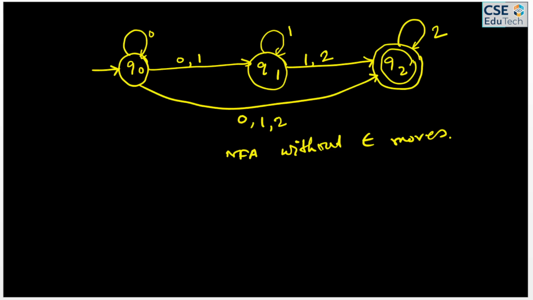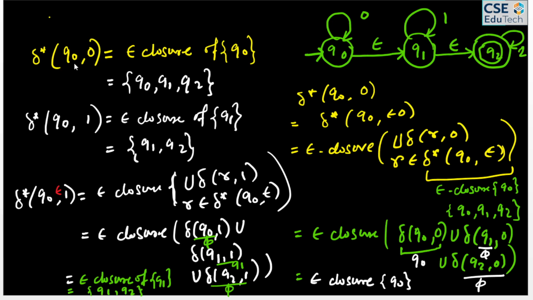So now, what have we obtained in case of epsilon closure of Q0? What is the meaning of this, or what will be the outcome of epsilon closure of Q0 here? The epsilon closure of Q0 will be Q0, Q1 and Q2.